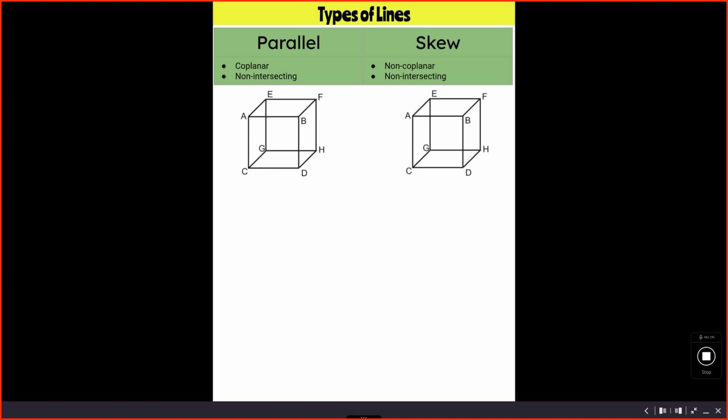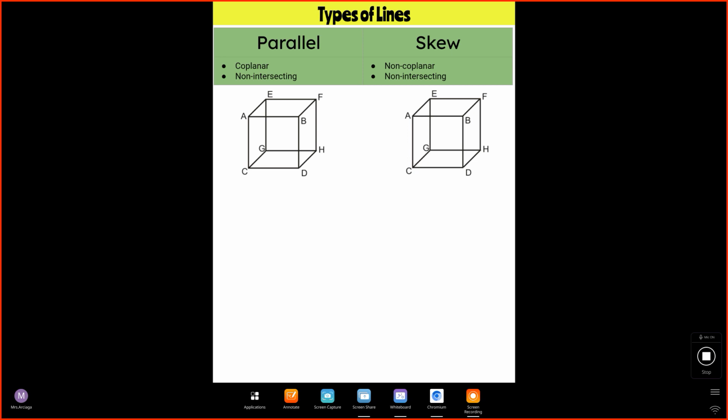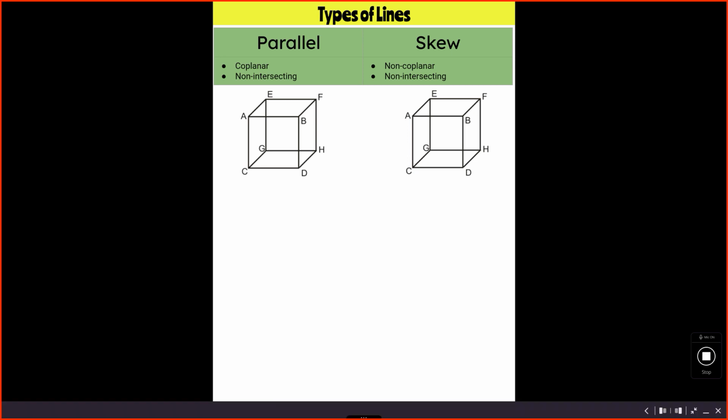Okay, what does the word coplanar mean again? On the same plane. Okay. All right, let me start with examples in real life. We'll copy down first.